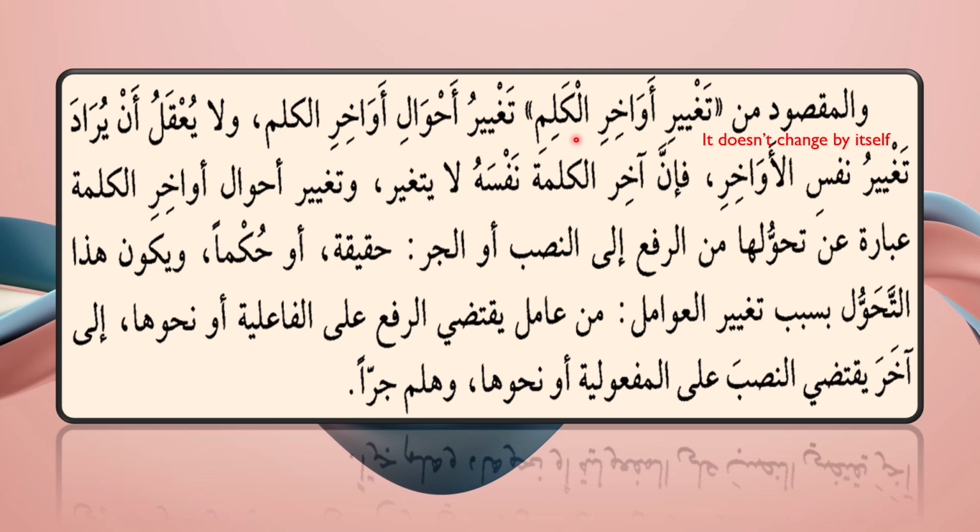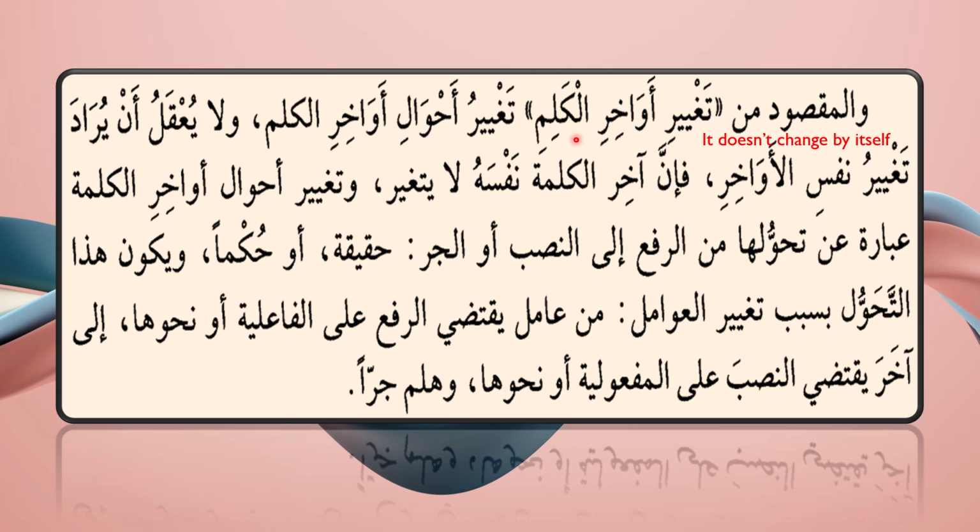So in this paragraph, the author has explained that all the changes of the haraka on the last letter don't happen by themselves. In order to change the haraka, there should be some reason in a sentence.